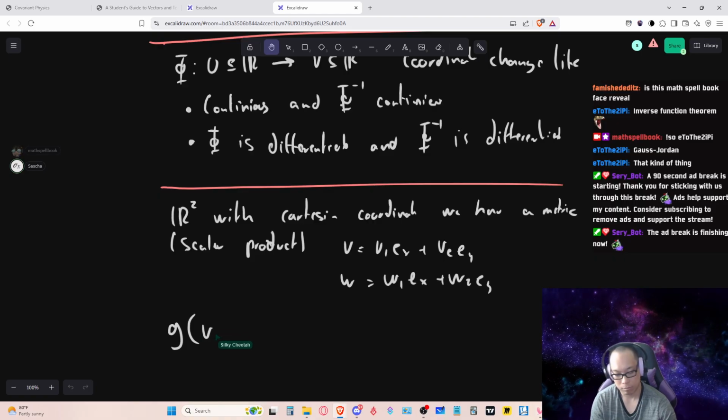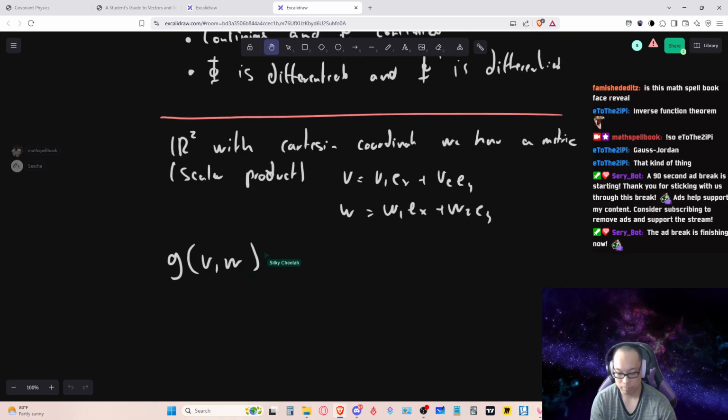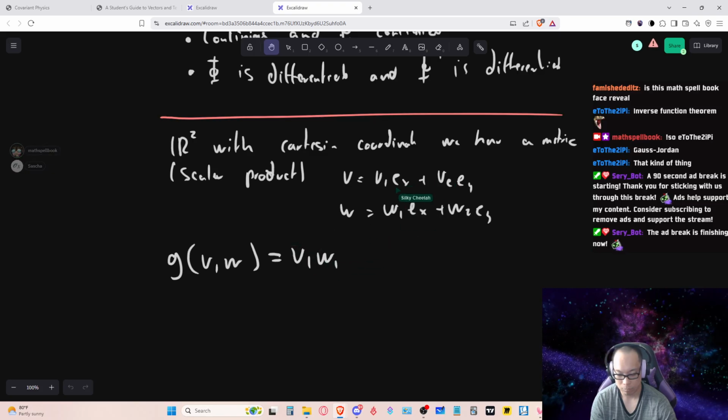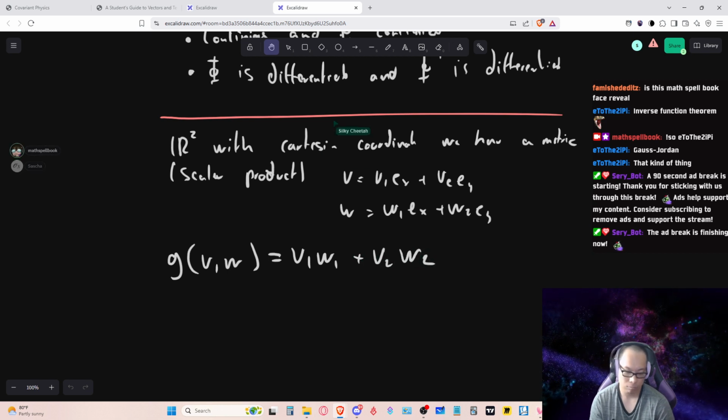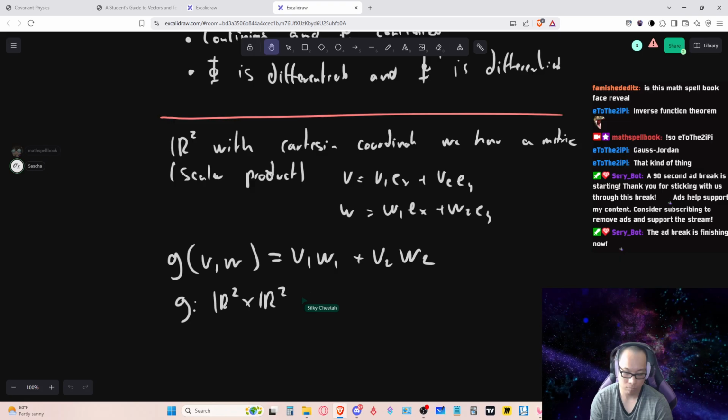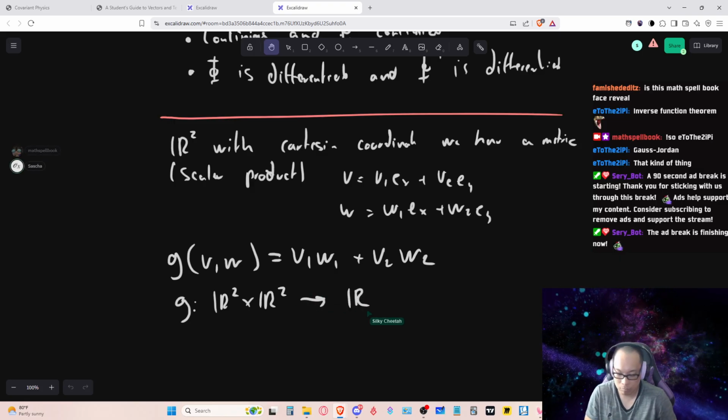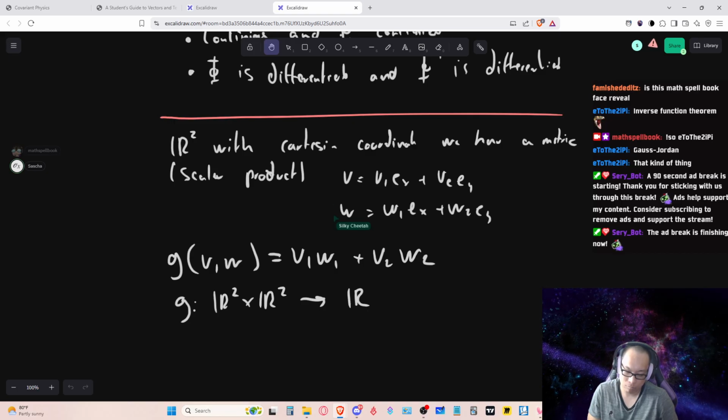So the metric will be something like that: you just multiply v1 with w1, plus v2 times w2. This operation takes vectors inside R2 and produces a scalar, and it verifies a number of properties that we will not get into.